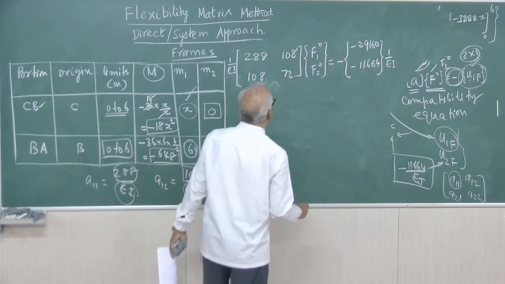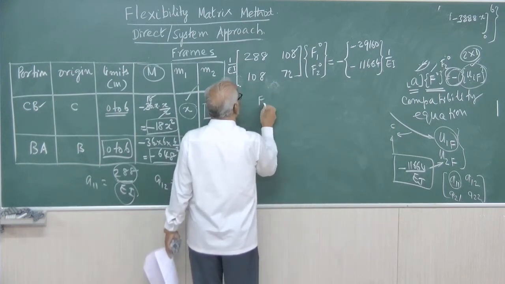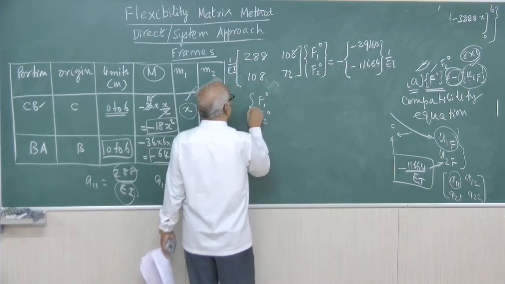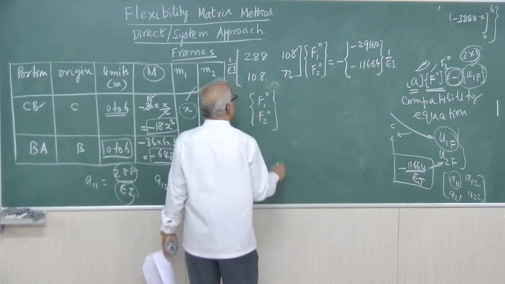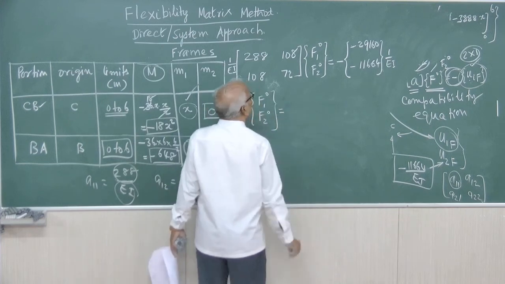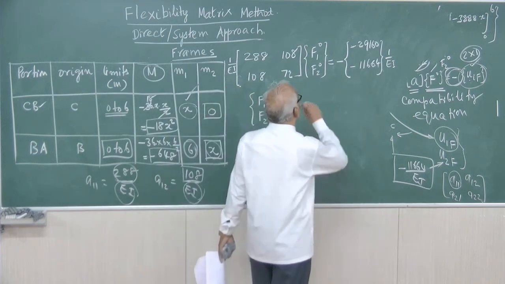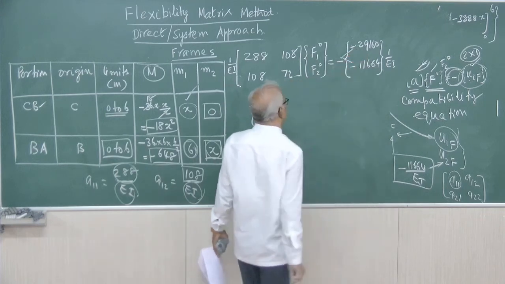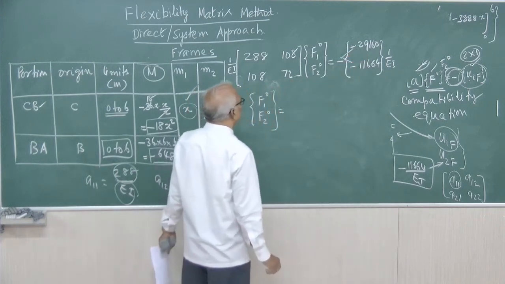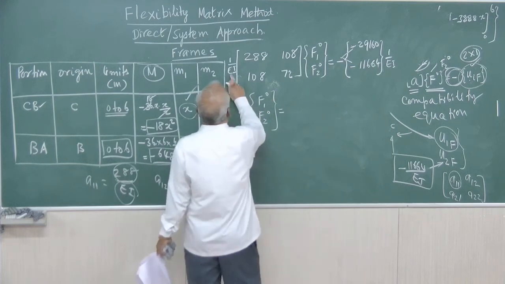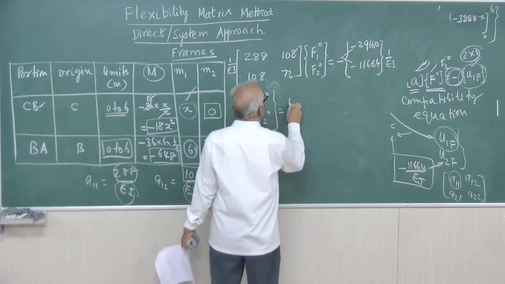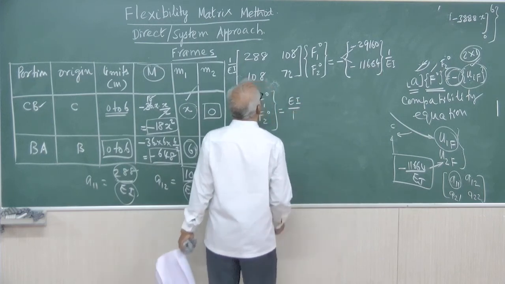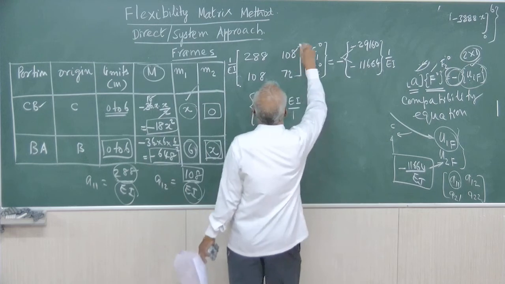So, F1 naught, F2 naught equal to this. Minus into minus, minus and minus, we can make it as plus. So, they will become plus. Now, this when goes to the right hand side, it is EI by 1 into the inverse of this.